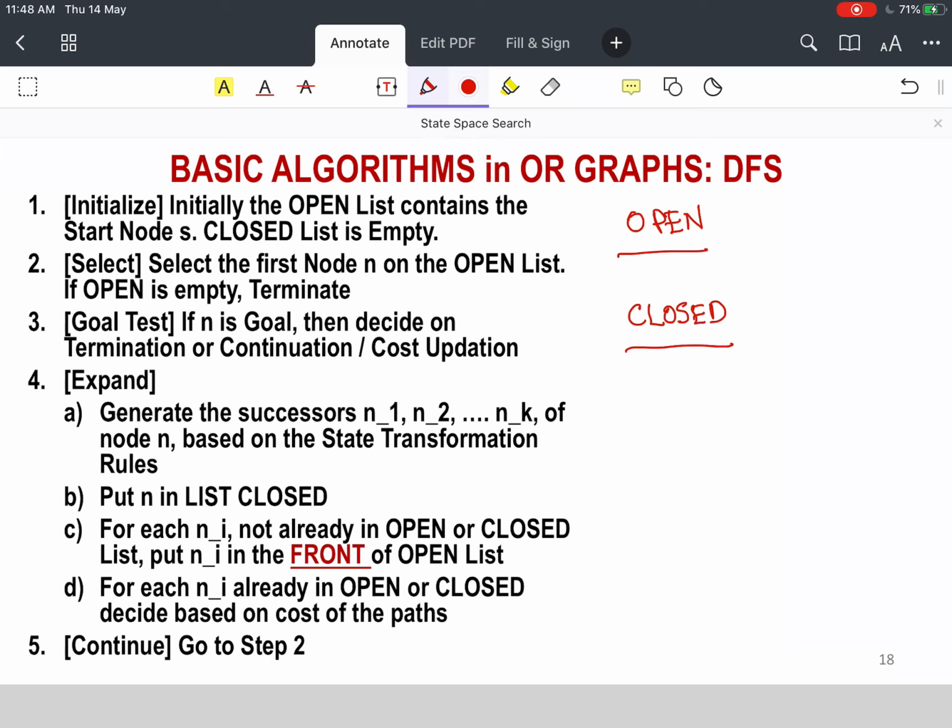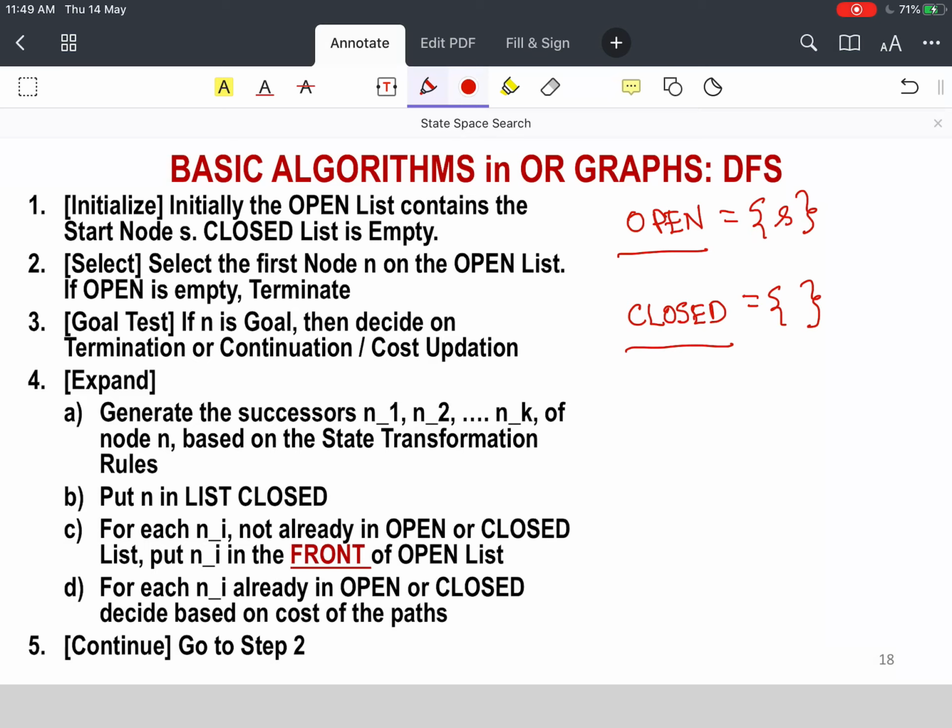The open list consists of all the states which we have made explicit but not made its own children. The closed list are those nodes whose successors have been already generated and put back into the open list. So we put initially the start node in the open list, and the closed list is empty.